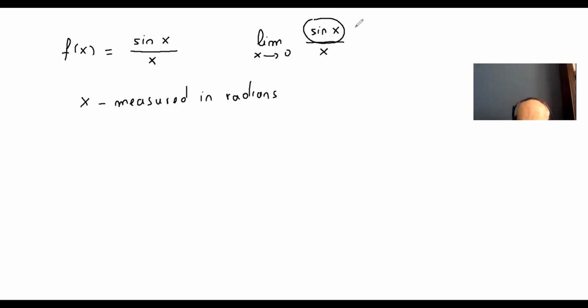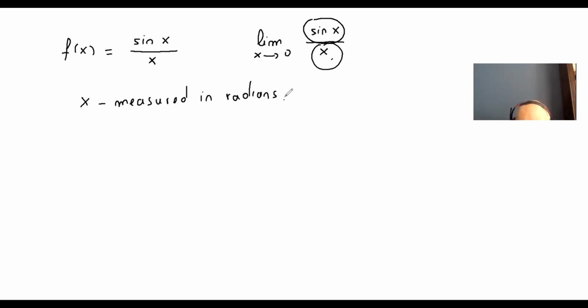So this one doesn't have units. The bottom part does have units. It's the way you measure the angle: if you measure it in radians, the units will be radians; if you measure it in degrees, the units will be degrees. So it matters how you measure your angle.